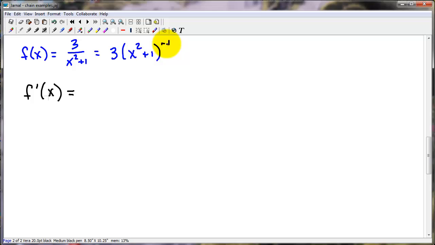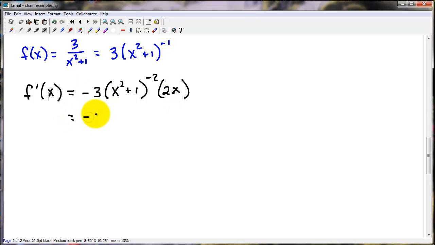So let's go here. -1 times 3 is -3. Keep our expression, our blob, unchanged. Subtract 1 from the exponent, and now multiply by the derivative of what's inside the parentheses. We can now multiply this and this together to simplify.